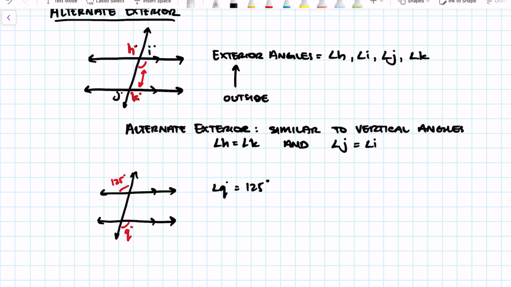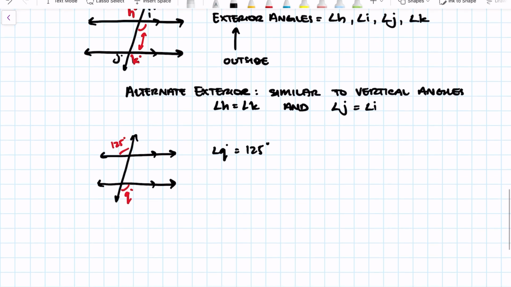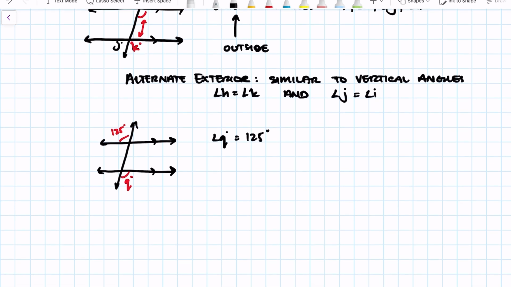Keep in mind that we're also dealing with supplementary angles as well. So even based on this, you could find out what the other angles are. I would already know what this angle is, right? So this angle on the other side would be 180 minus 125, which should be 55 degrees. And from there, you're going to see that there's a repetition of these angles.